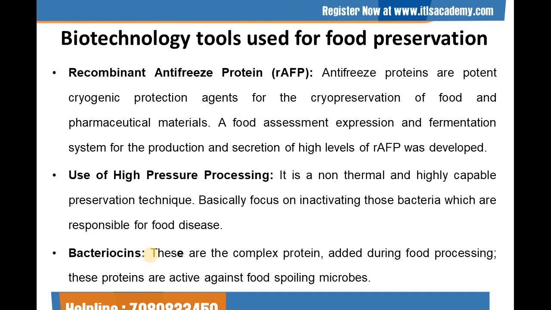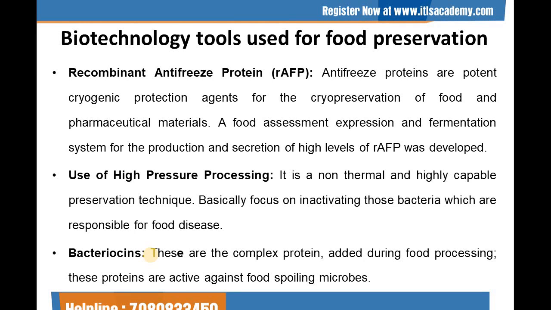A food-grade expression and fermentation system for the production and secretion of a high level of RAFP was developed. A novel recombinant type I antifreeze protein analog was produced and secreted by Lactococcus lactis, a food-grade microorganism of major commercial importance.